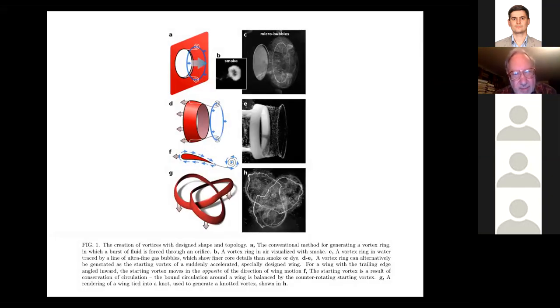But then they took this idea seriously and tried to use knotted bands as the generators of vortices, and used 3D printing in order to create those knotted bands and tinker with them. And they were able to produce knotted vortices, knotted ring vortices in the water.